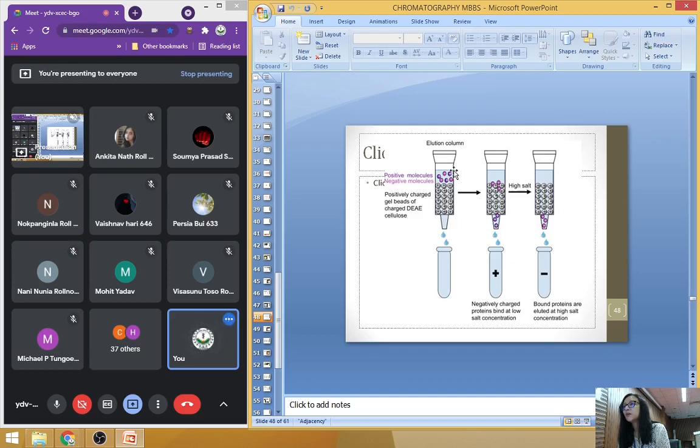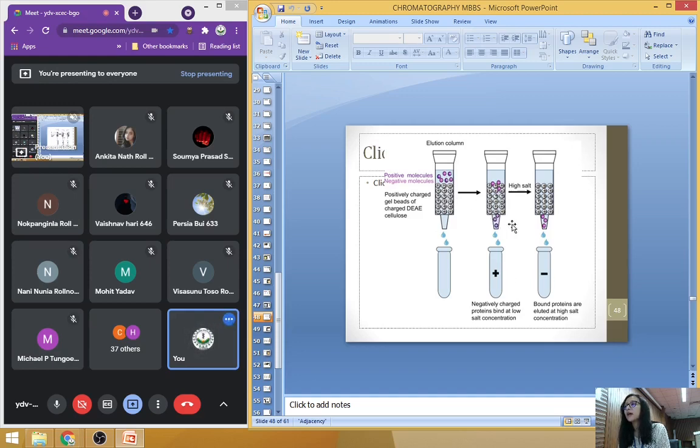Then we apply the sample mixture from the top. Now what happens is, in the sample mixture, the negative molecules will bind with the positively charged beads in the stationary phase, whereas the positive molecules will repel, they will not bind, so they will elute out first.